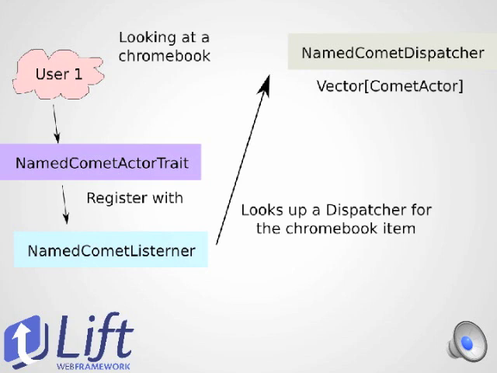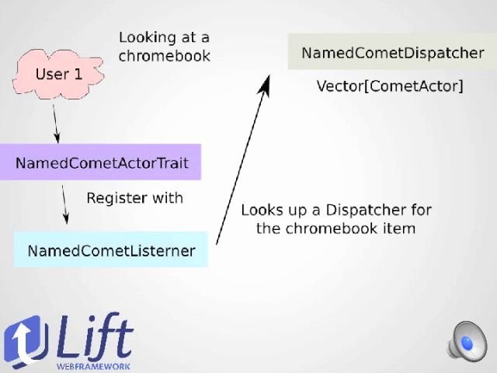So you have user 1 looking at a Chromebook, then your Comet would extend the name Comet actor trait, and then you have an object that is the name Comet Listener. This name Comet Listener is kind of the main center area, the brain, let's say, of the JVM when it comes to Comet actors.